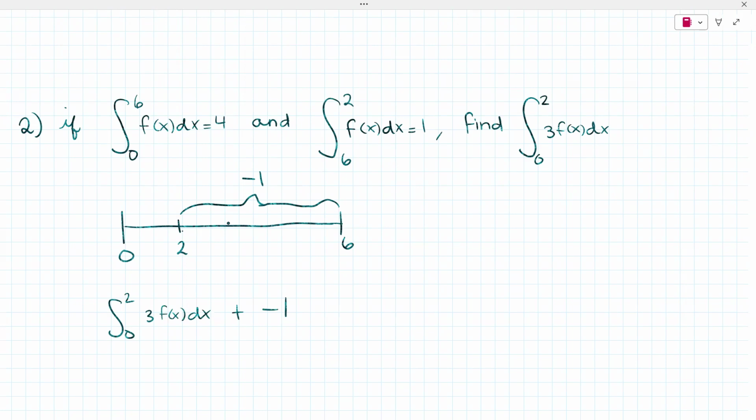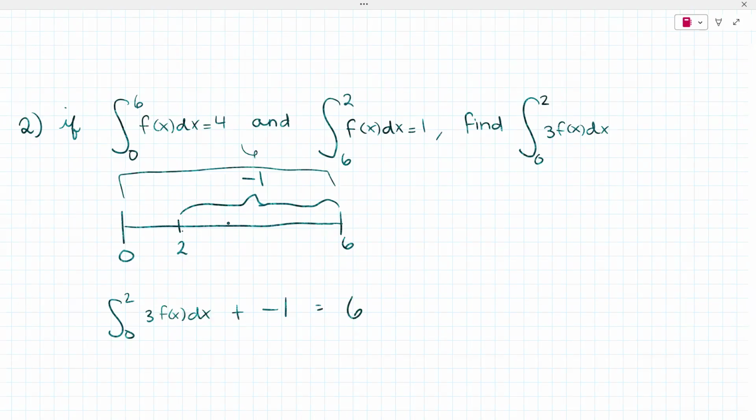So from 2 to 6 is -1 because we switched the boundaries. If you go from an upper to a lower, you do have to put a minus. If it was from 2 to 6, it would be +1, right? And then the distance from 0 to 6 is 6.